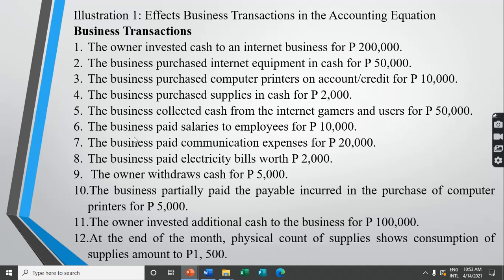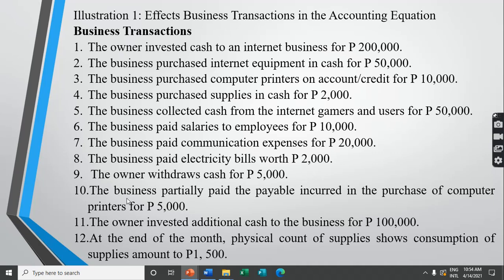50,000. Number 6 is the business paid salaries to employees for 10,000. The business paid communication expenses for 20,000. And the business paid electricity bills worth 2,000. The owner withdraws cash for 5,000.